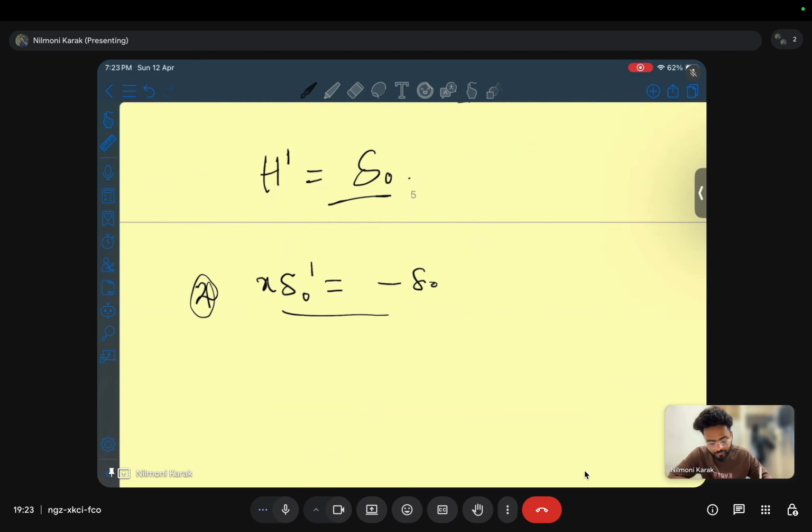Because you know, what is delta naught dash applied to x f?